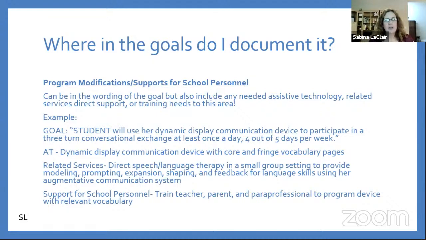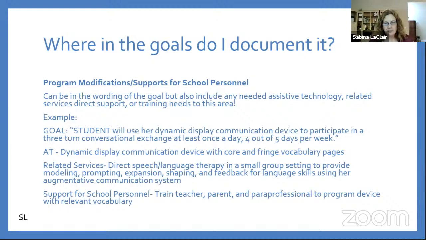Remember, when writing a goal, this is usually not the place to document or name the device, but only a description of that device. One thing you could say is the student will use their dynamic display communication device. However, frequently, our students will be using a combination of communication methods.